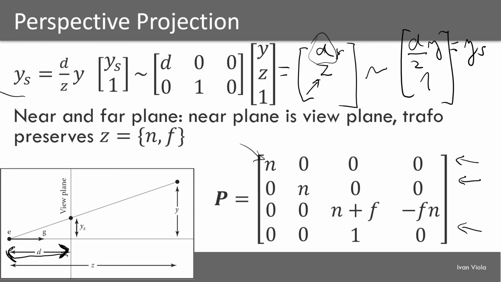In this perspective projection matrix, imagine that we have certain x, y, z values. So I will write x, y, z, and 1. And now what we will get as an output will be some vector.